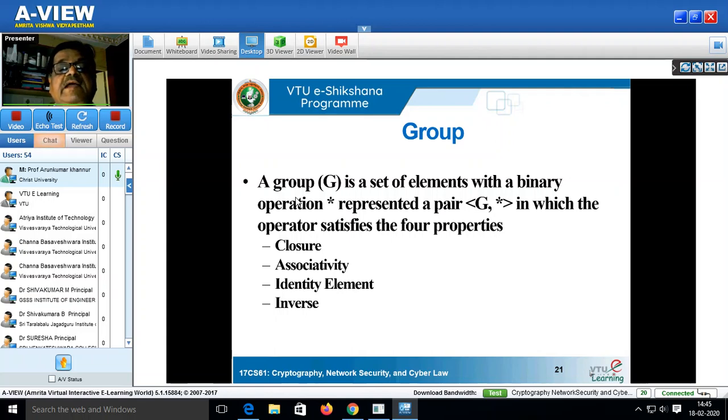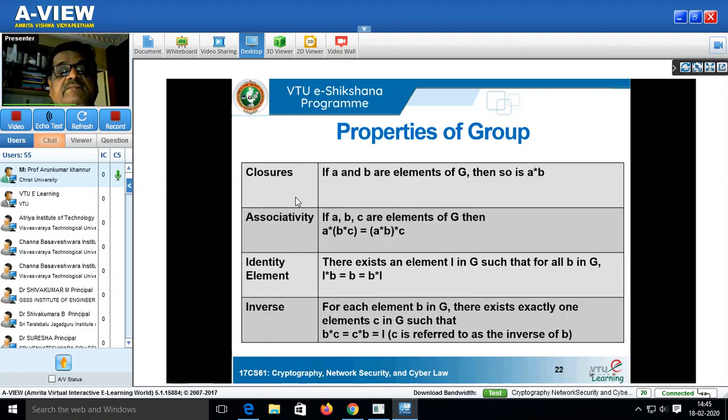Please note that this star is an operation, not a multiplication symbol here, in which the operator satisfies the four properties. One is closure, second one is associativity, third one is identity element, fourth one is inverse.